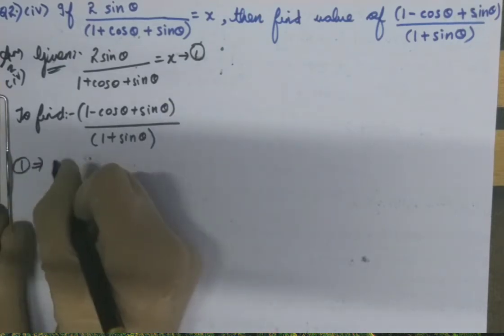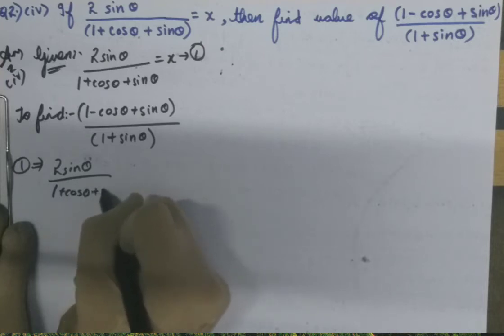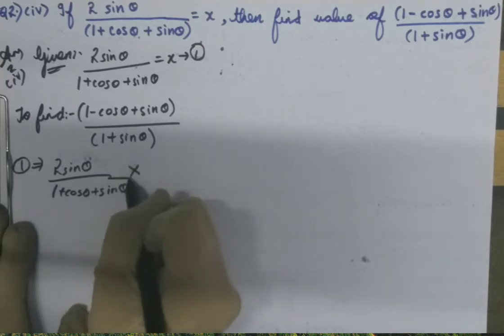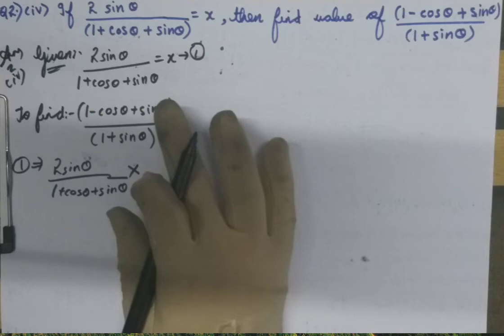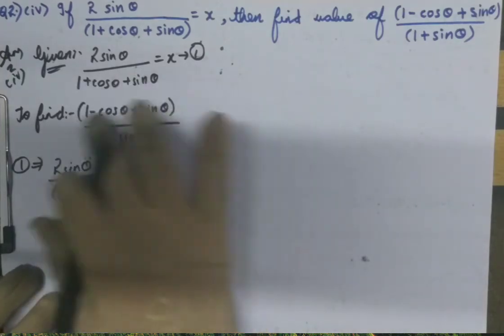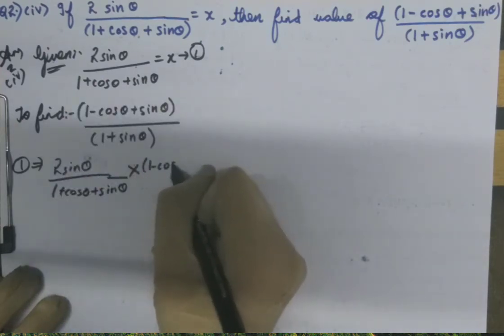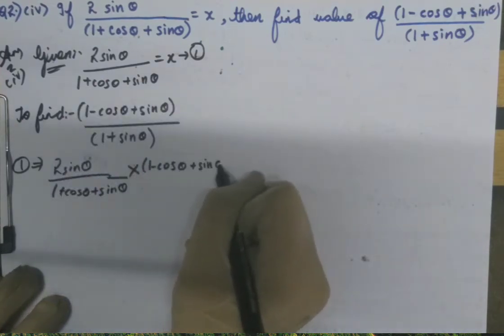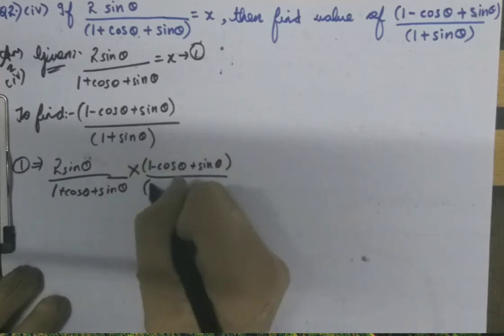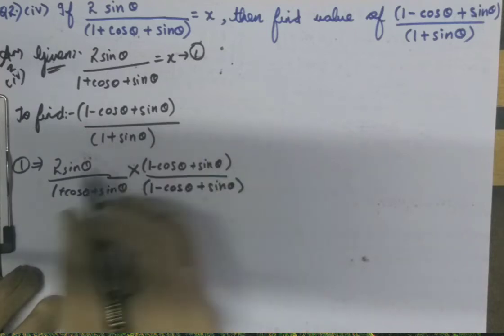Equation 1 implies 2 sin theta by 1 plus cos theta plus sin theta. I am multiplying this with 1 minus cos theta plus sin theta, only numerator, okay, numerator of this. So 1 minus cos theta plus sin theta whole divided by 1 minus cos theta plus sin theta.